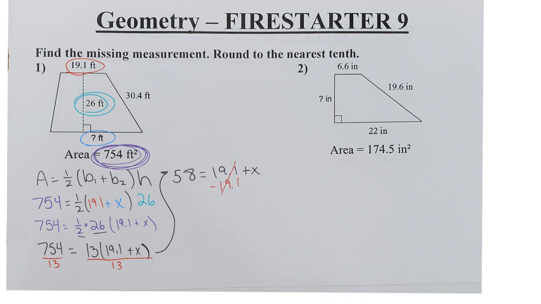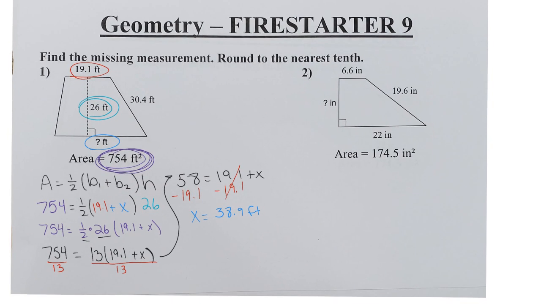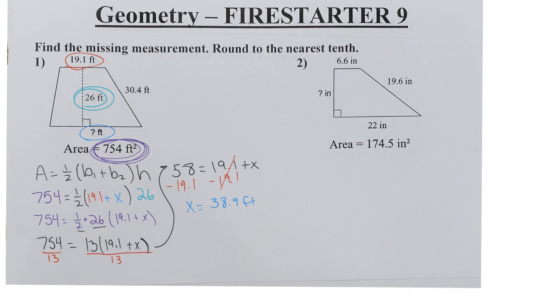If I do it on the right side, I have to do it on the left side. That's what you learned in Algebra 1. So I do 58 minus 19.1. So my base, my X, is equal to 38.9 feet. And really that's B2. So B2 equals 38.9 feet.